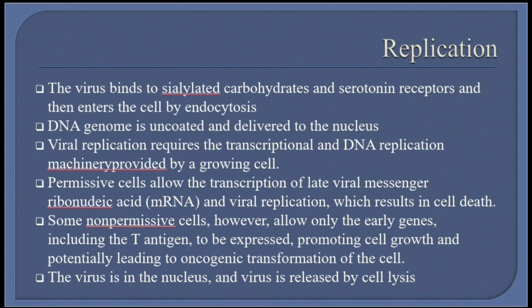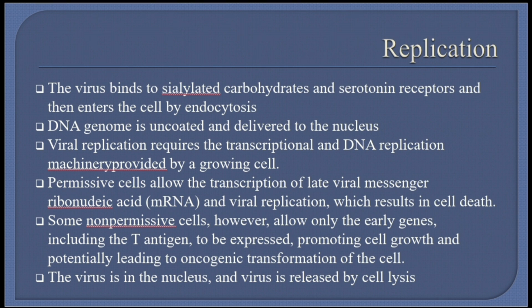Replication. The virus binds to sialylated carbohydrates and serotonin receptors and then enters the cell by endocytosis. The DNA genome is uncoated and delivered to the nucleus. Viral replication then requires the transcriptional and DNA replication machinery, which is provided by a growing cell.